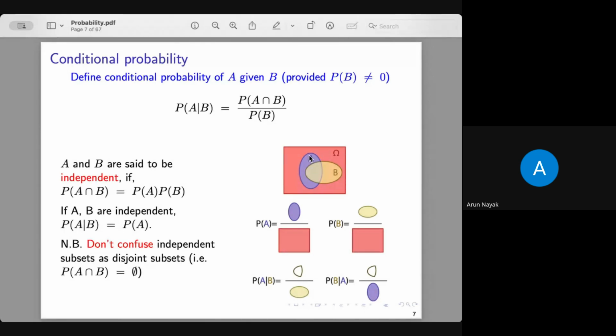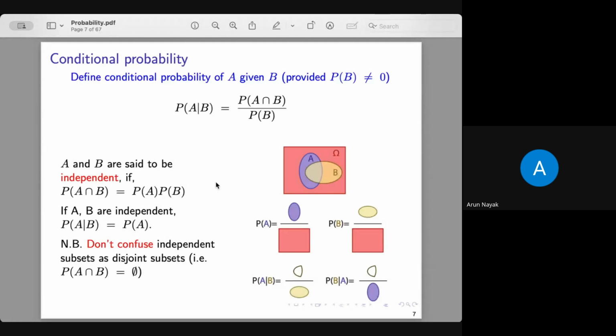Say here A and B is given like this. Probability of A is A over the whole set S, probability of B is B over the whole set S, while the probability of A given B is only this much, right? And similarly the probability of B given A is this.